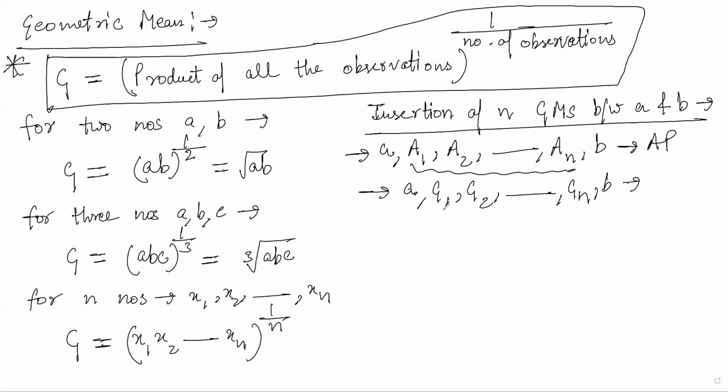Now, if these are n geometric means, then this should form a GP. Just like arithmetic means, the geometric means are also a similar concept. Arithmetic means was in AP, geometric means is in GP. So obviously this sequence has to be GP in this case. Now what do you need? You need R, common ratio.